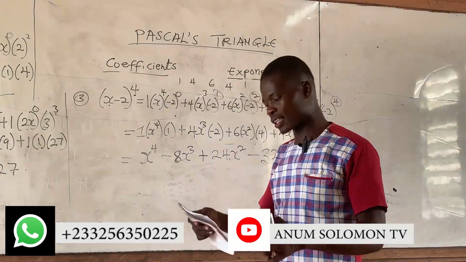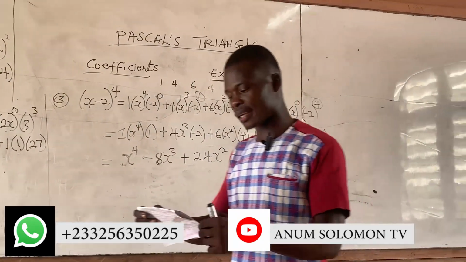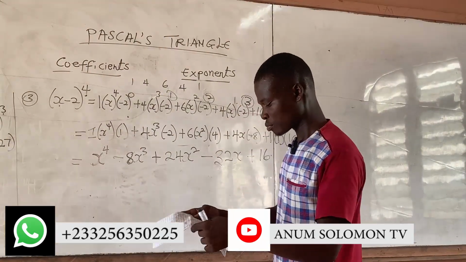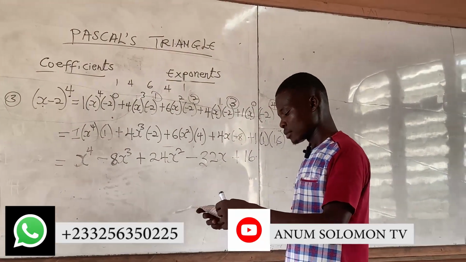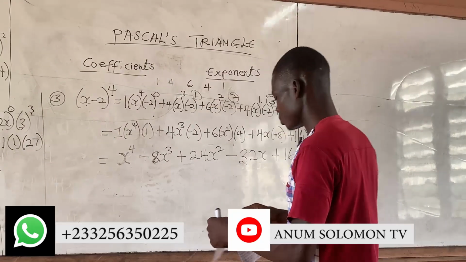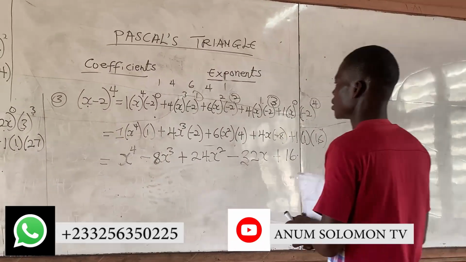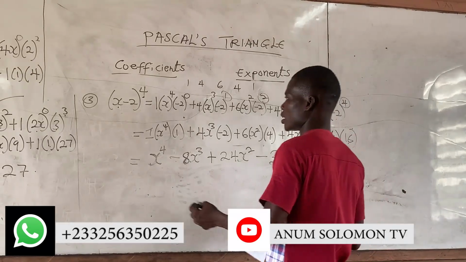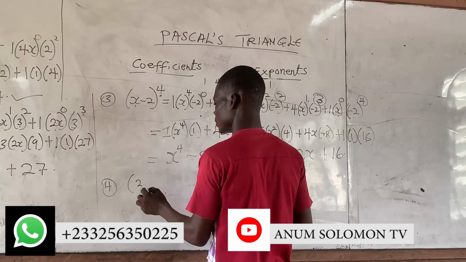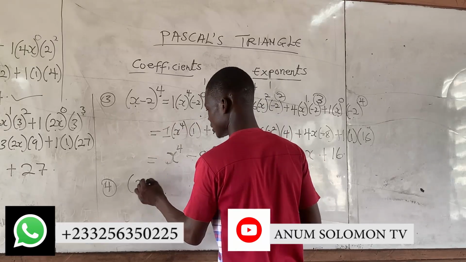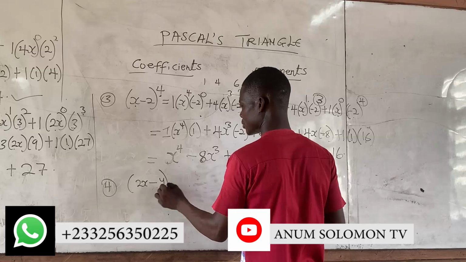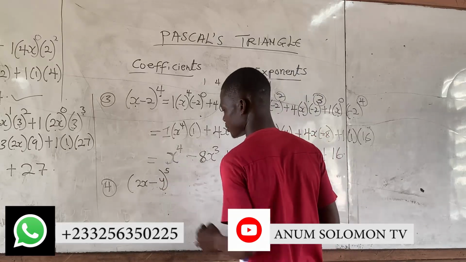So now on this note, let us solve the last one. The last problem I want us to solve is (2x − y) to the power 5.